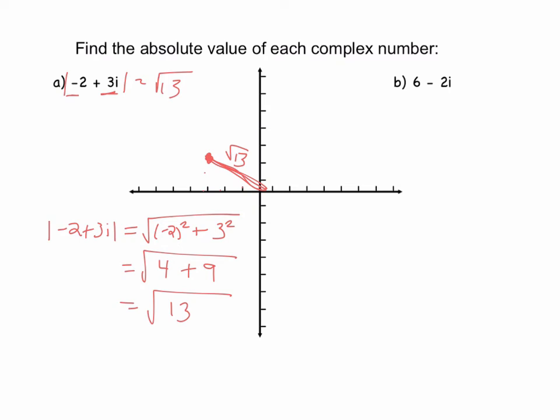If we try the one on the right here, now I'm graphing and I'm going 1, 2, 3, 4, 5, 6 to the right for the real part, but then down 2 for the imaginary part, which puts me down there. And then if I calculate the absolute value of 6 minus 2i, I'm taking the square root of 6 squared plus negative 2 squared.